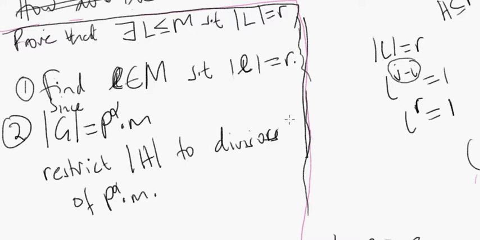Suppose we restricted the order of H to divisors of p to the alpha times M. How would that help us?